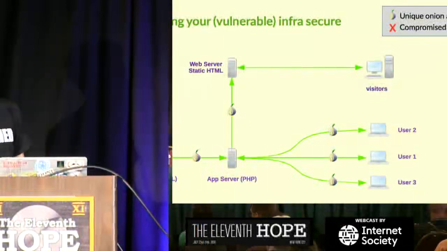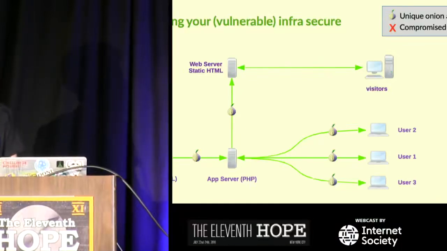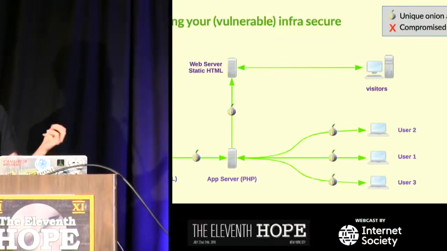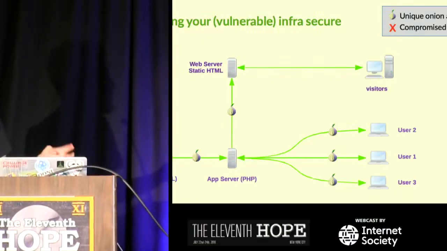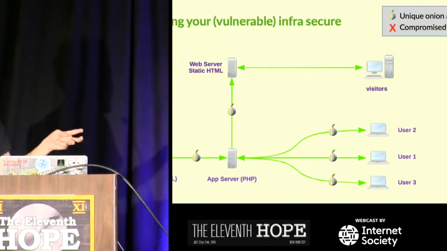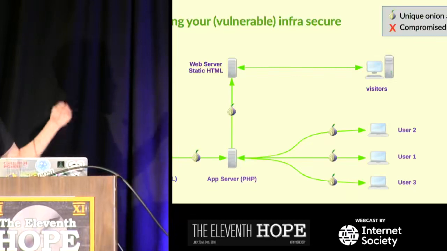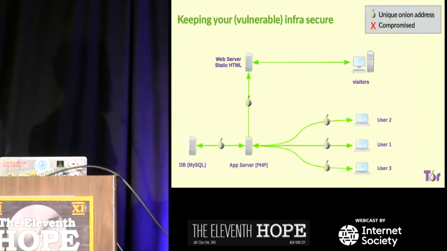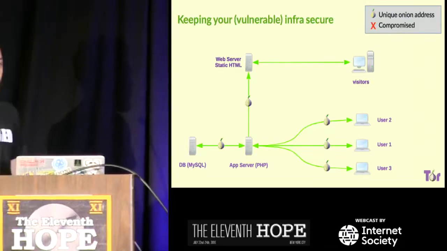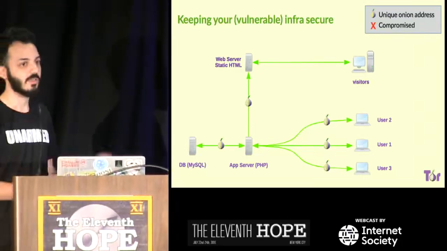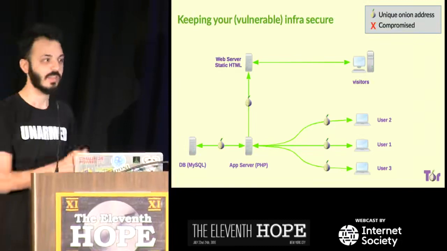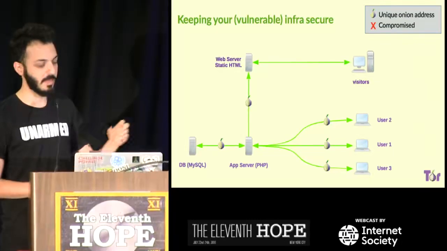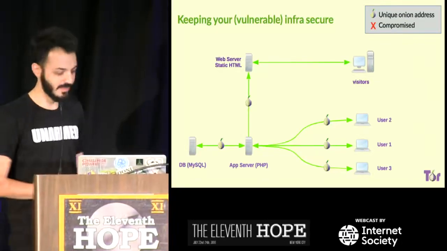And if you're a crazy geek like me, you can even have a Git repository and a Puppet server, a Puppet master, and even the Puppet master is running on Onion, so you don't even have to have physical access to these things. You can just push to Git over Onion, and Git would push to this Puppet master over Onion, and the Puppet master would just push to all the different servers. Anyways, thank you.